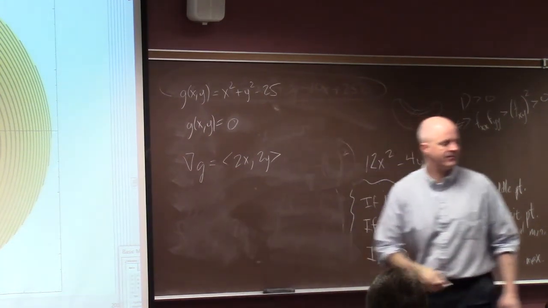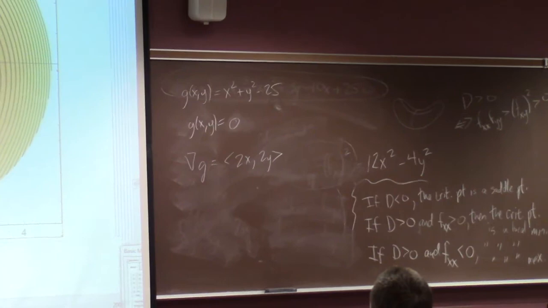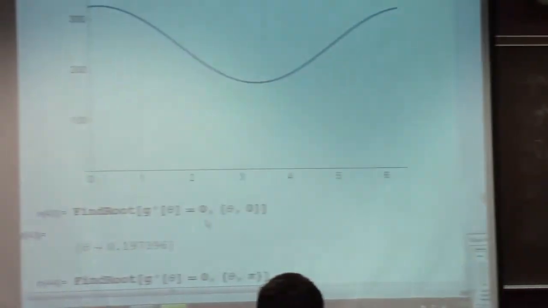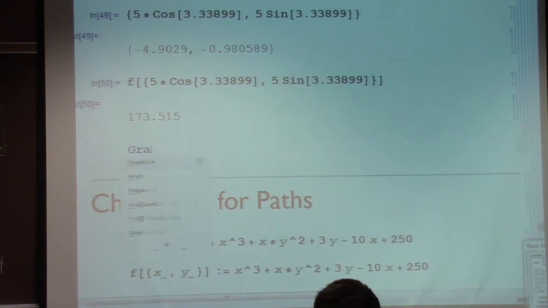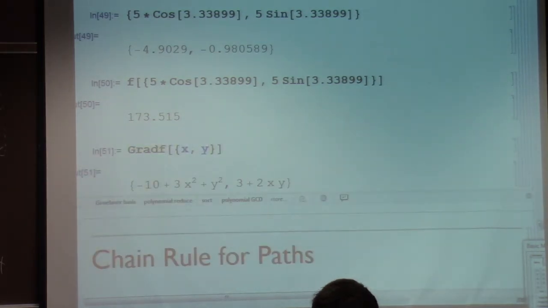What was the gradient of f? Let's grad f. It's that: 3x squared plus y squared minus 10, comma 3 plus 2xy.